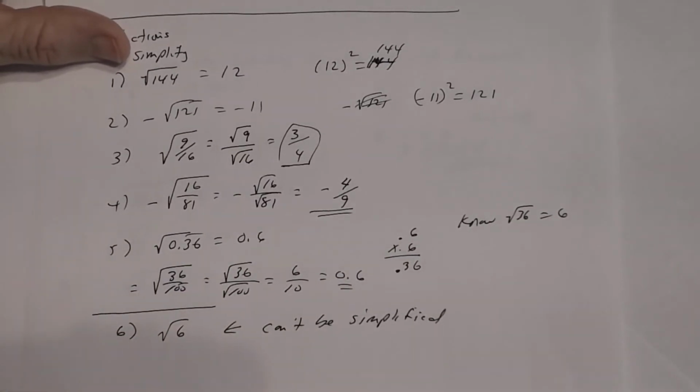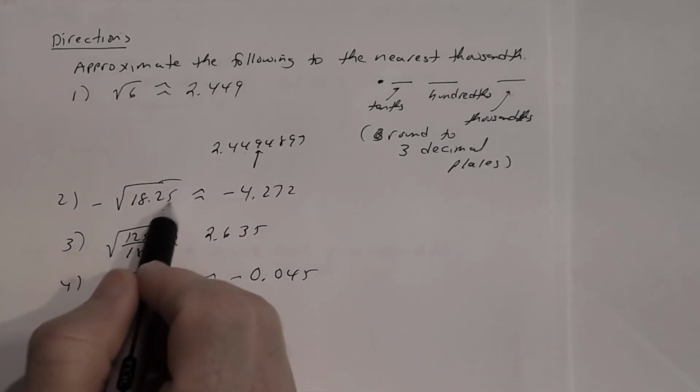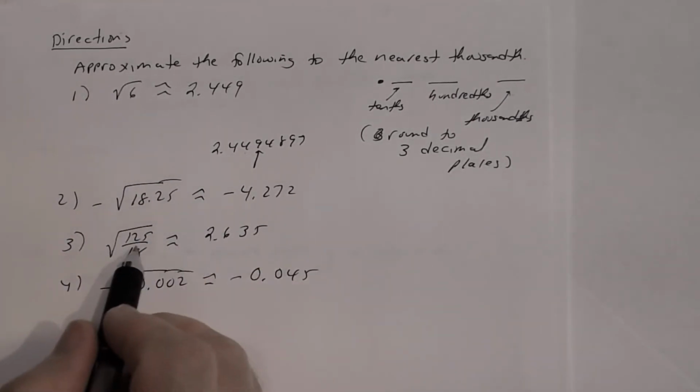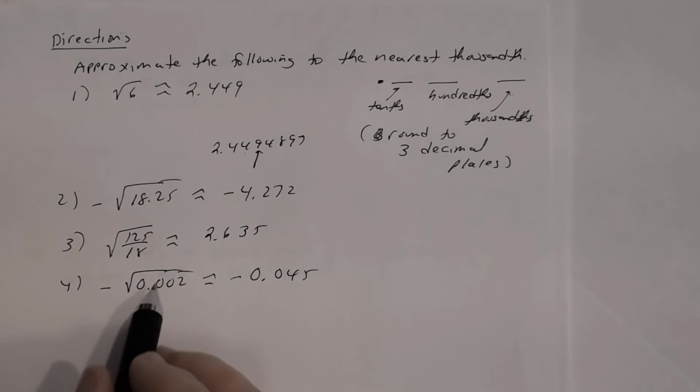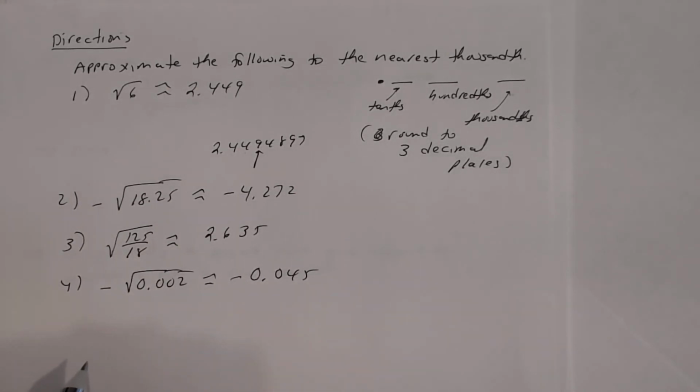Positive 0.36, positive 6. Even when approximated, the radicands were positive: 18.25, 125 divided by 18, 0.002. They were all positive. You didn't see any that were negative.